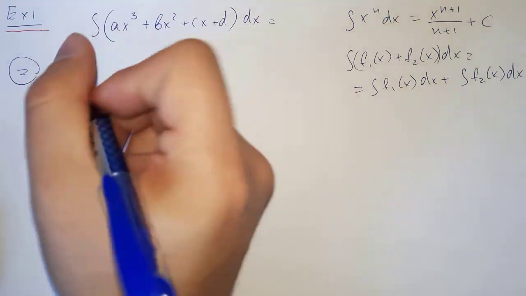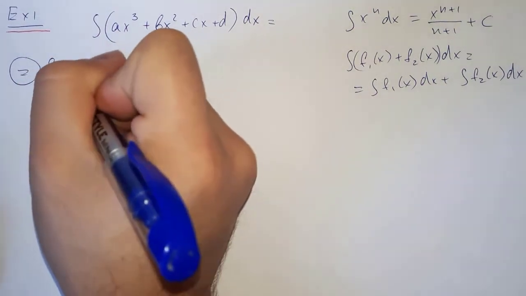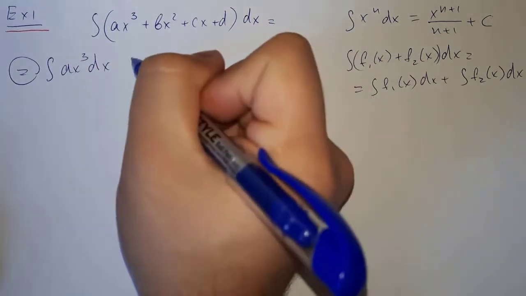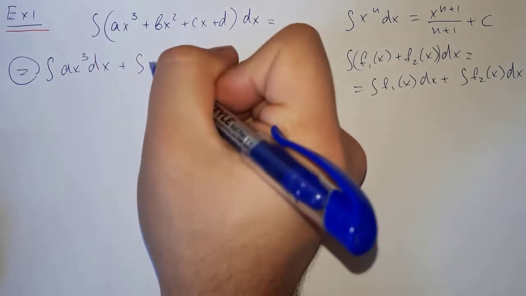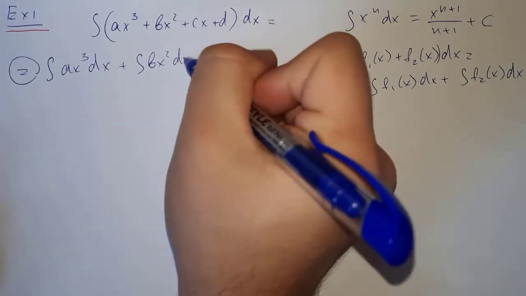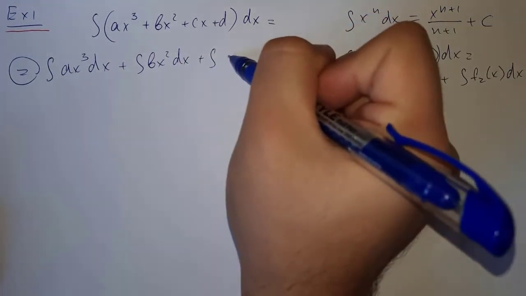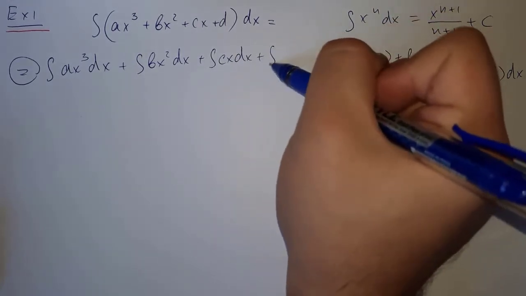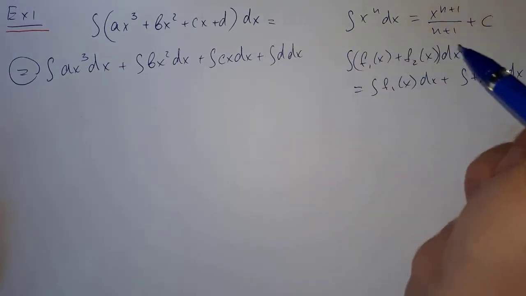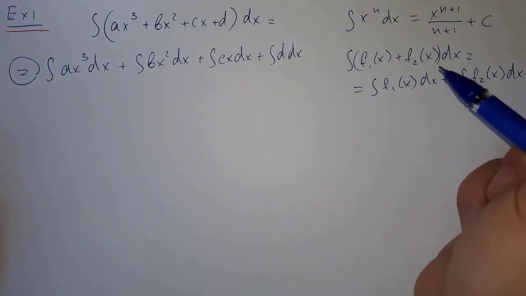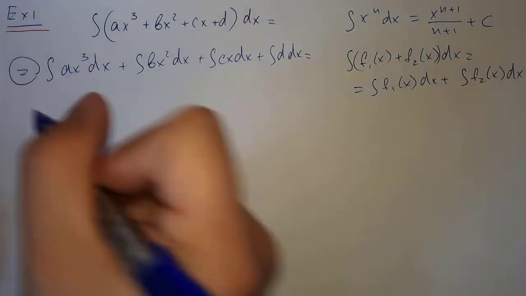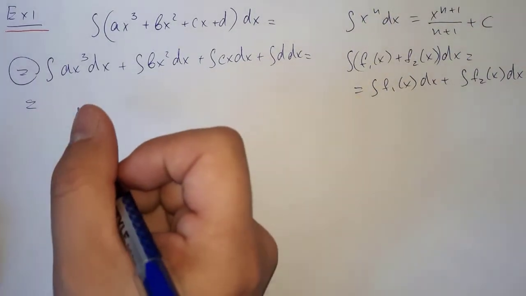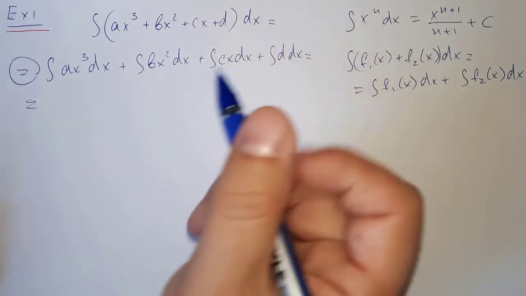It will be the integral of ax cubed dx plus the integral of bx squared dx plus the integral of cx dx plus the integral of d dx. And now we will use this one, so we will get the answer here.